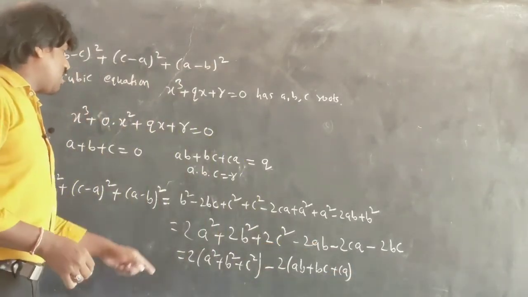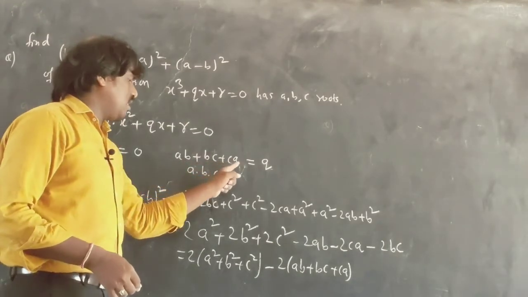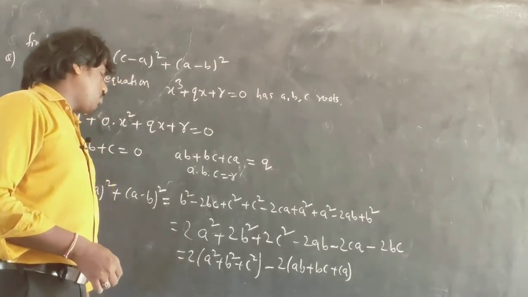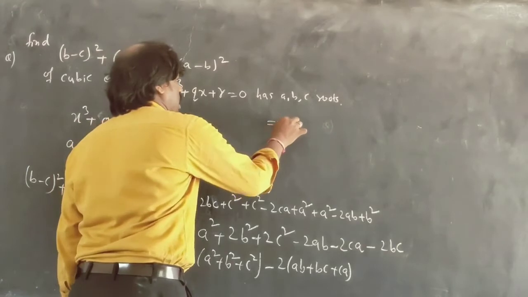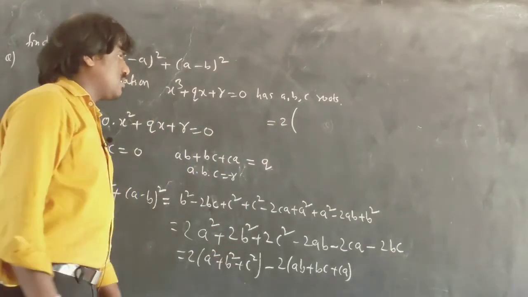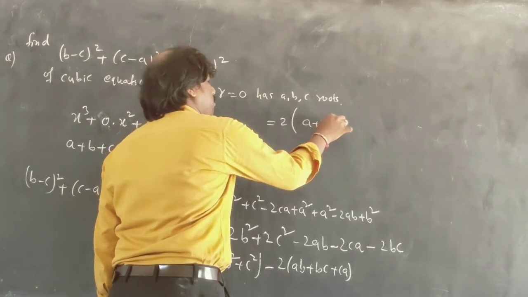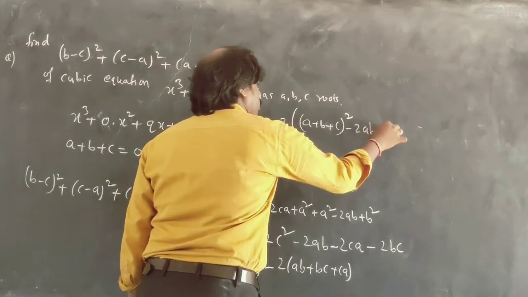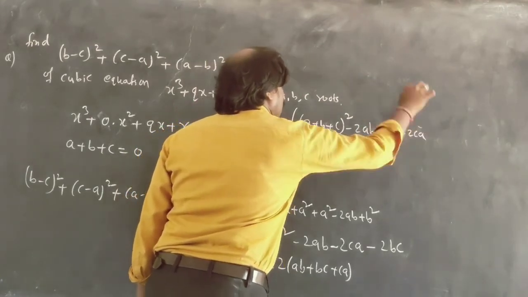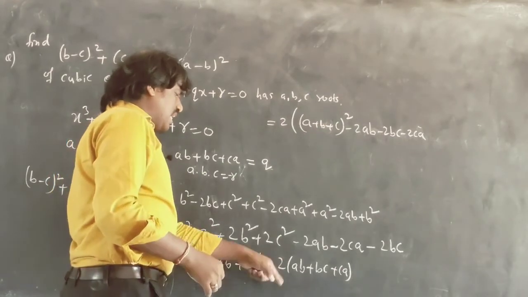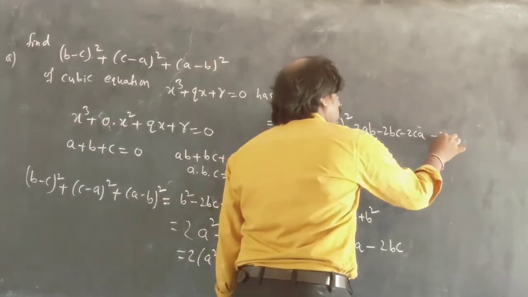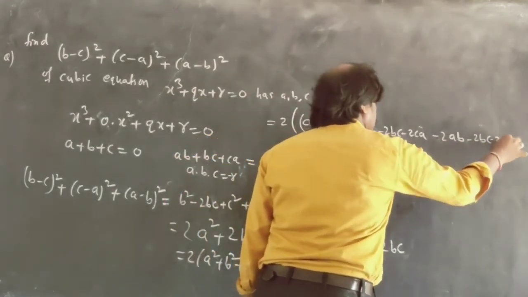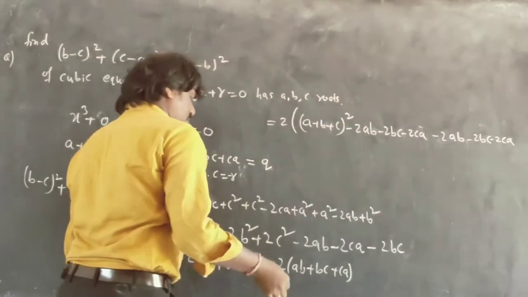Now you know that here I have ab plus bc plus ca, that is q. But what about a square plus b square plus c square? I will write 2 times a square plus b square plus c square as (a plus b plus c) whole square minus 2ab minus 2bc minus 2ca. And again you have the same minus of 2ab minus 2bc minus 2ca here.